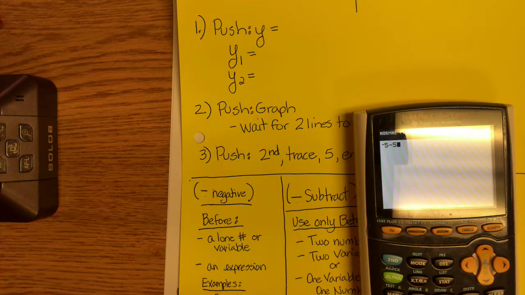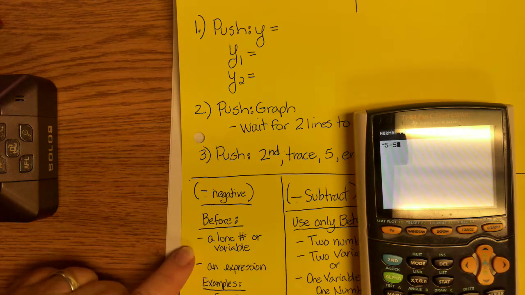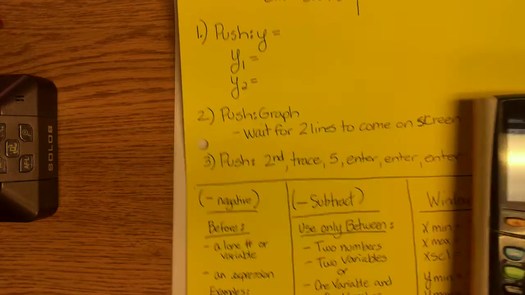Okay, the subtract sign is lower and it's longer. All right, this calculator will give you errors if you use the wrong sign. Although subtract and negative are basically the same operation, on this calculator you must use them correctly in order to get your results. And I've written you some notes about that on your sheet.